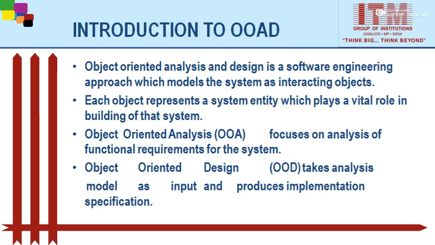So object-oriented design takes the analysis model as input and produces implementation specification. So basically, when these two approaches combine with each other, it will form object-oriented analysis and design.